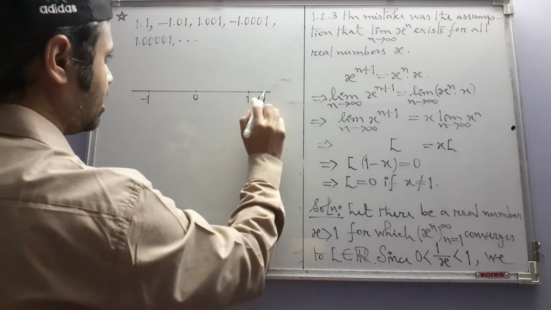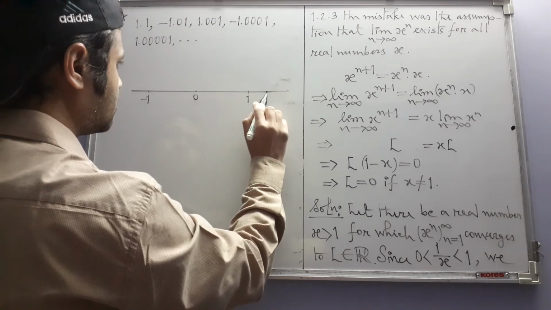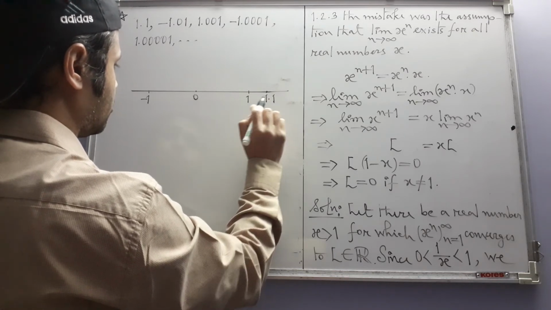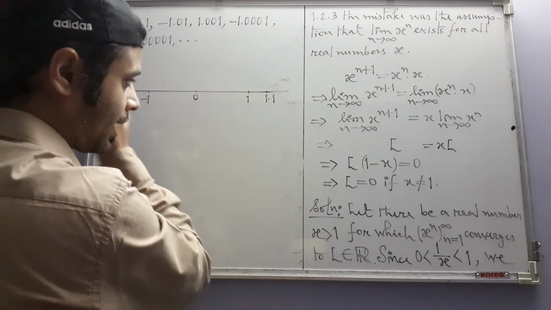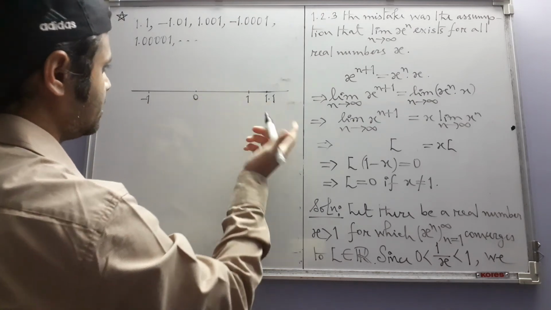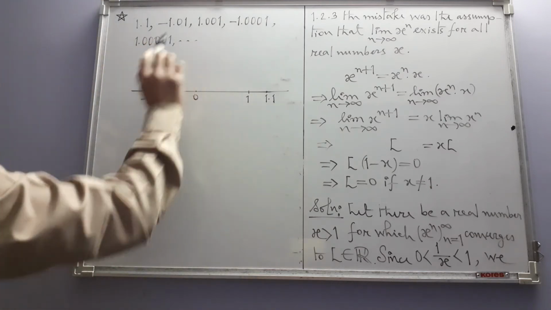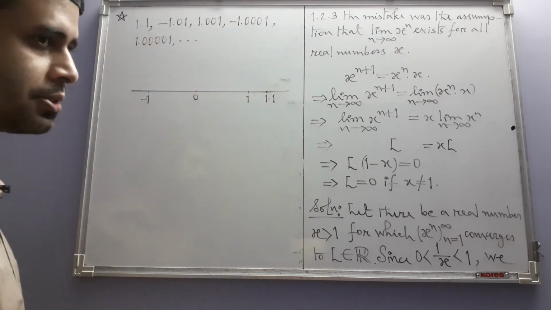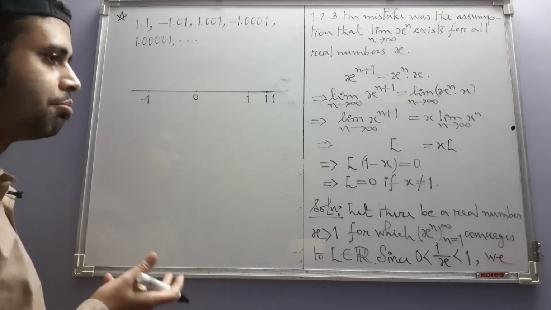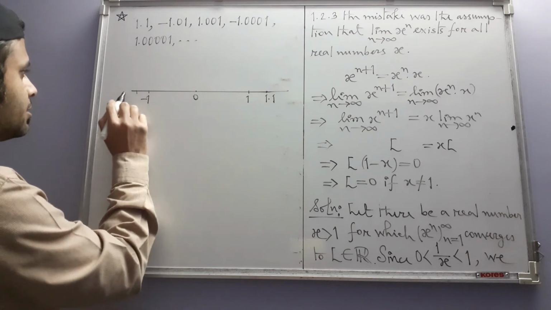If you look at the first term, just to not clutter the space by actually putting the points properly, say this is 1.1, then you have minus 1.01. Minus 1.01 is slightly more negative than minus 1. So say it lies here.